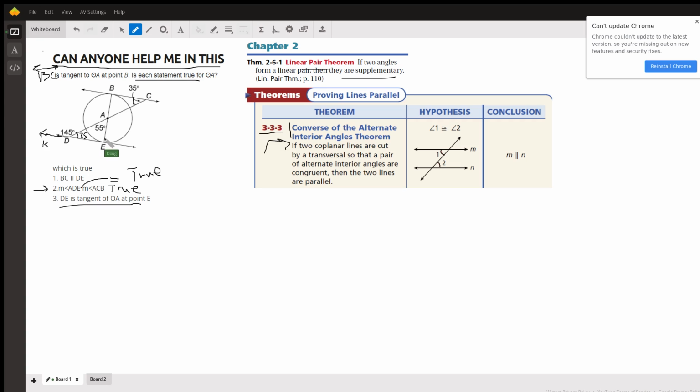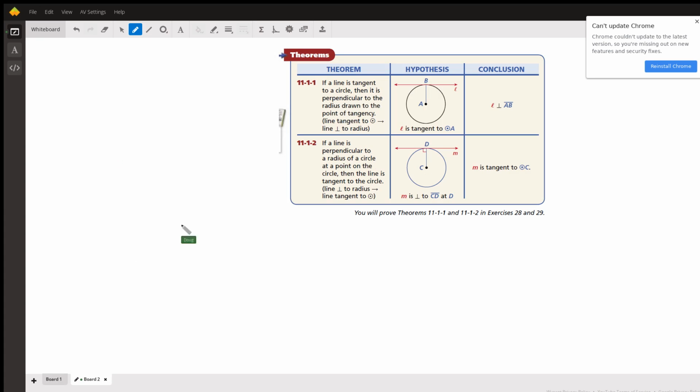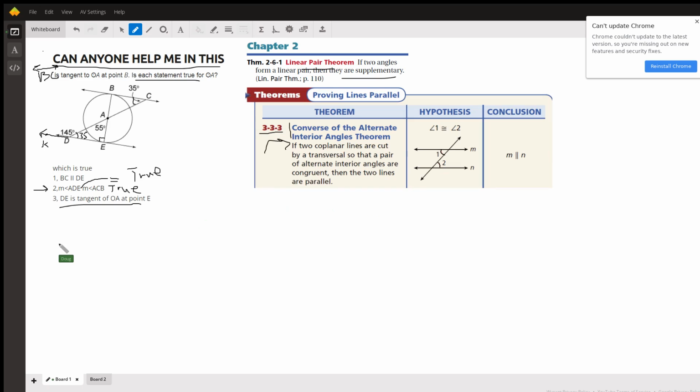Well, look, if you can figure out that that angle is 90 degrees, you can use this theorem right here. If a line is perpendicular to a radius of a circle at a point on the circle, then the line is tangent to the circle. And that's exactly what's happening right here.